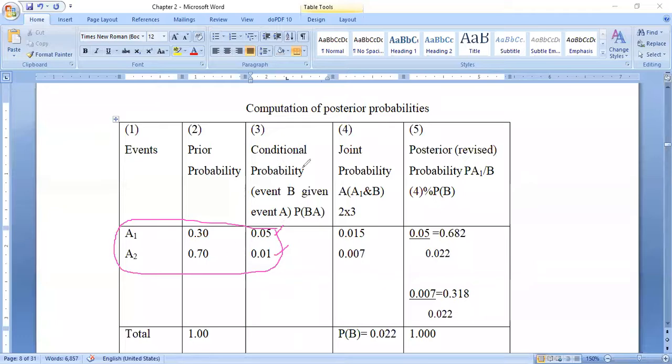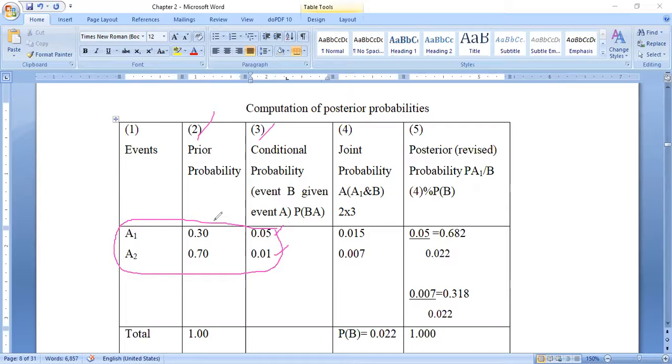Then joint probability. Joint probability means P of A1 and B, that is column 2 into column 3. Simply 0.30 into 0.05.